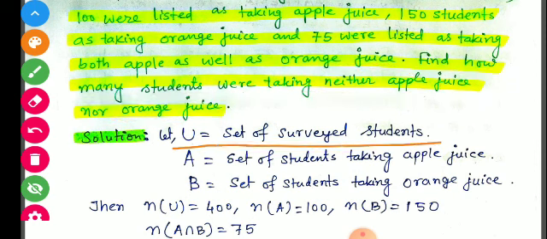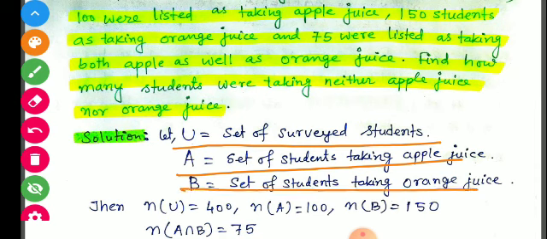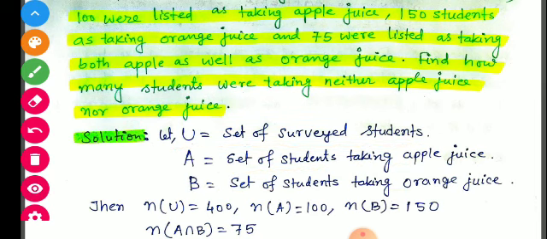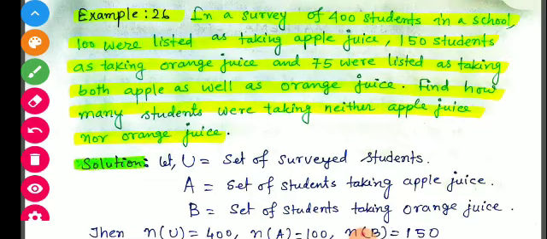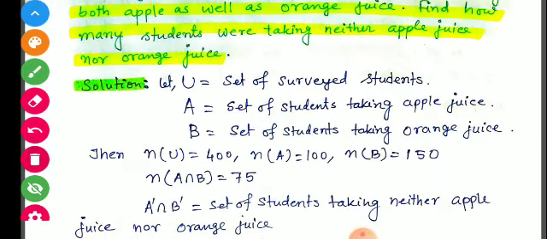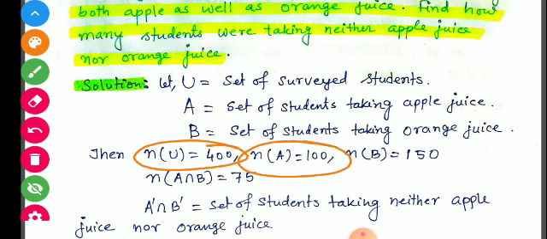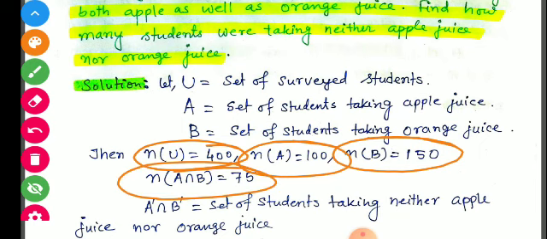So U is the set of surveyed students, A is the set of students taking apple juice, and B is the set of students taking orange juice. We have assumed these things. Now n of U equals 400, n of A is those who like apple, n of B is those who like orange, and both is 75 students.